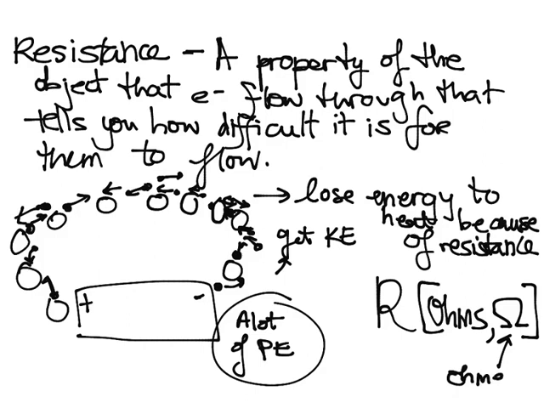That tells you the resistance of the thing your electrons are trying to go through, whether it be the wire or your light bulb or a toaster oven. That takes energy from the electrons. They lose energy as heat as they're slowed down by the atoms in the object.